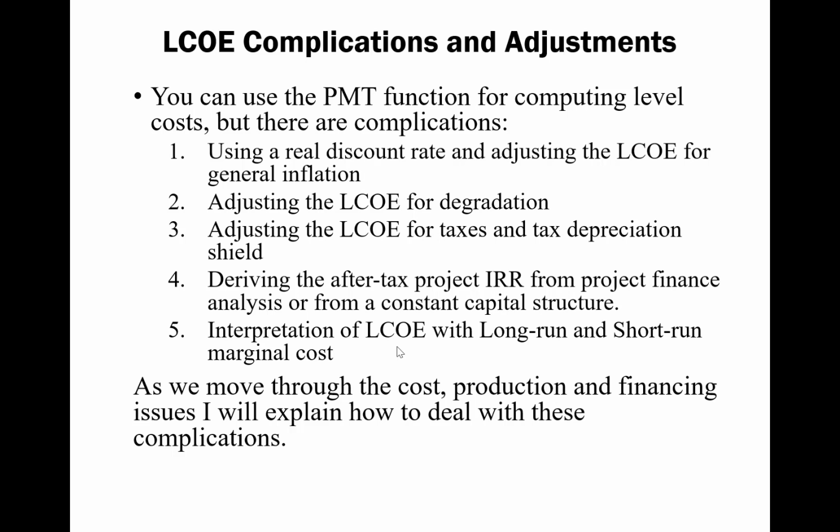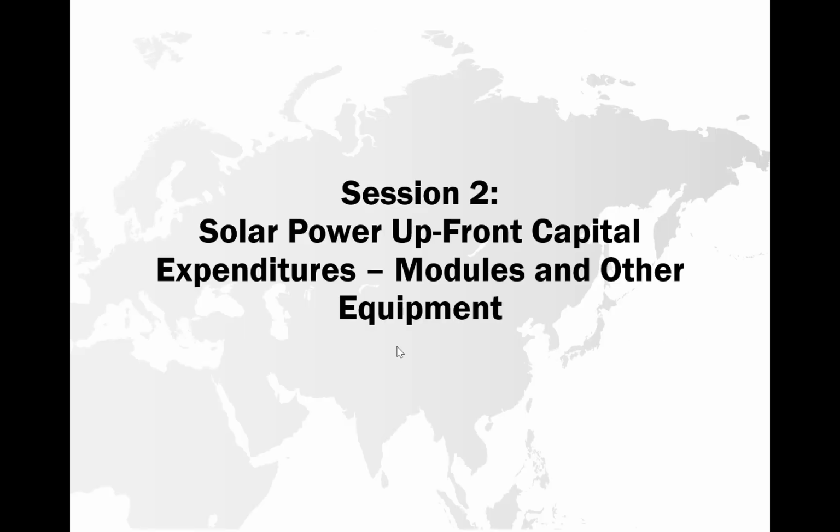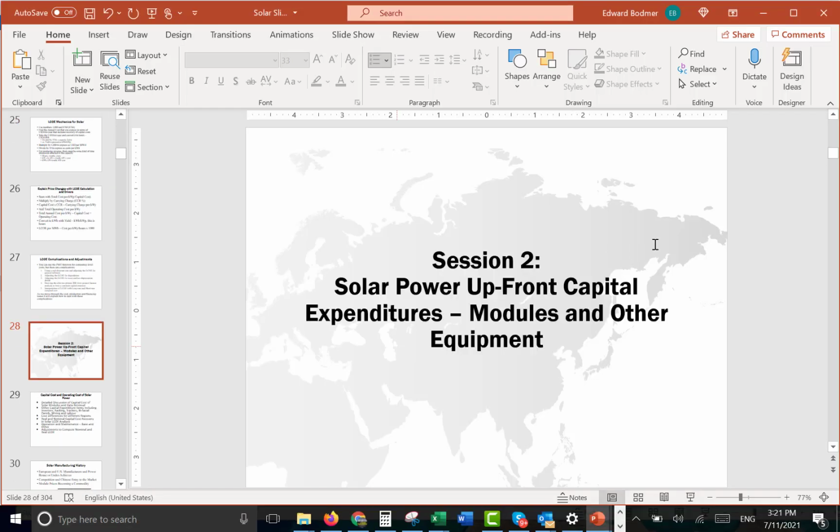We have to adjust for degradation and for taxes and for tax depreciation. We have to really understand what kind of costs of capital go into the IRR. That's where we're going. And we'll discuss each of these more complicated adjustments in turn. And so session 1 is finished.